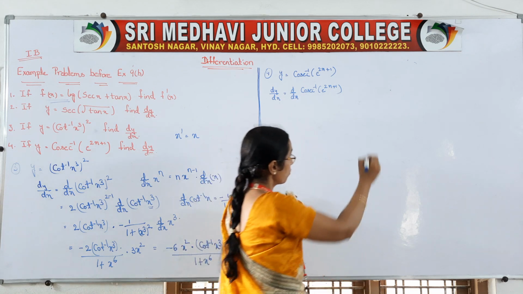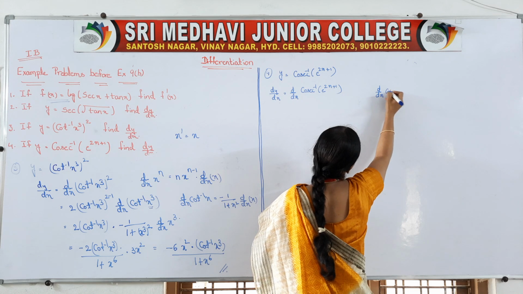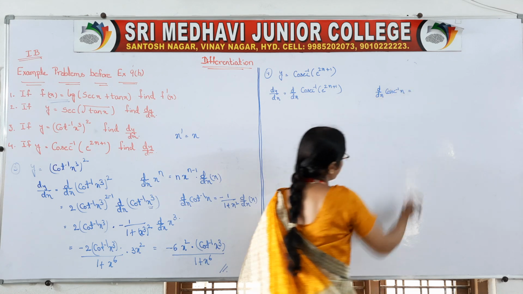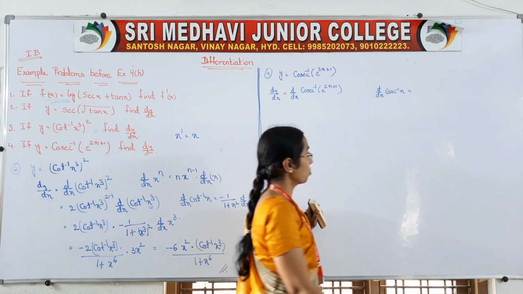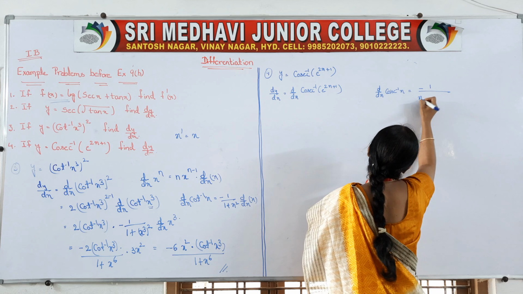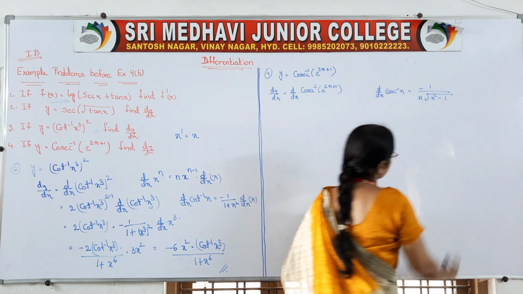So now go to the formula. What is that? D by dx of cosec inverse of a variable is equal to, what is the formula? Minus 1 by x into root of x square minus 1.